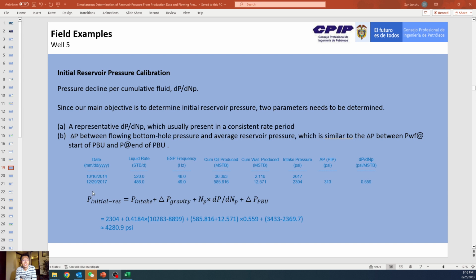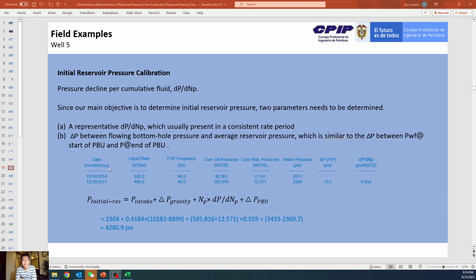The initial pressure equals intake pressure plus gravity delta P plus the pressure caused by the produced fluid plus the delta P of the buildup.